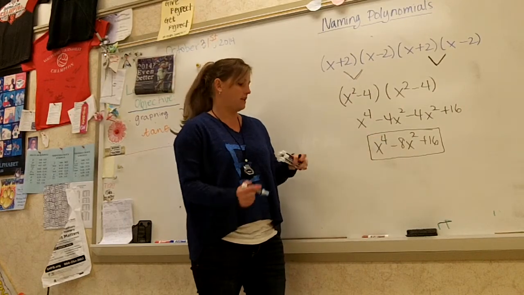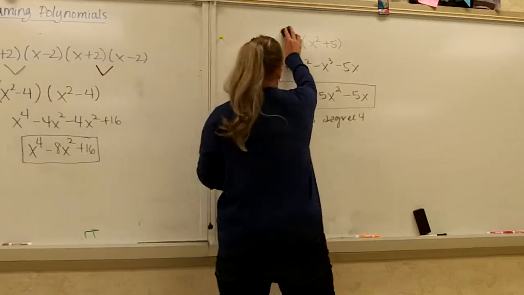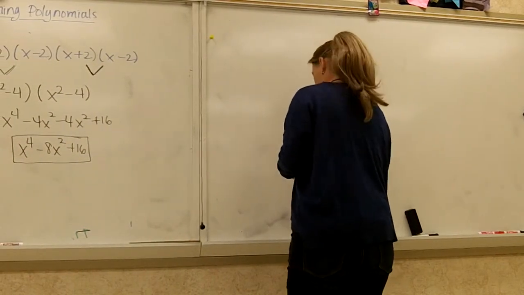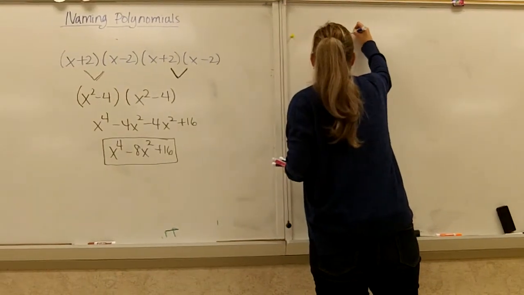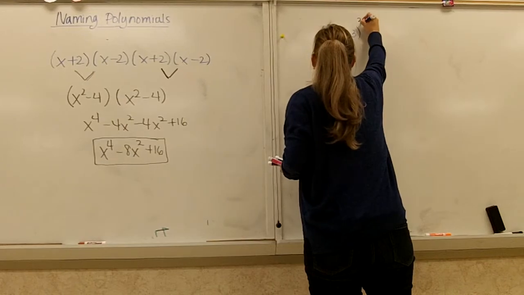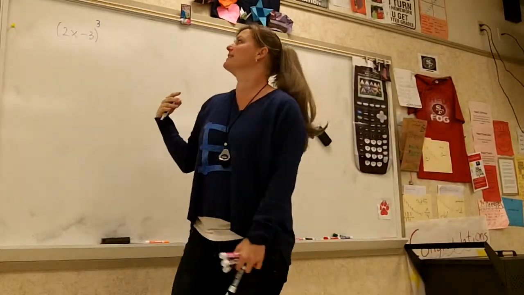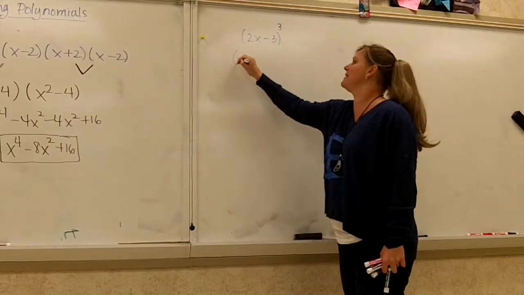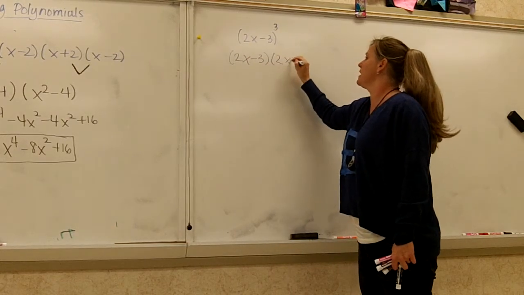All right, let's try one more example of one that maybe you haven't seen before. Let's do 2x minus 3 cubed. That was very scary. Okay, so whenever I'm cubing something like this, that means I'm going to take it and multiply it by itself 3 times.